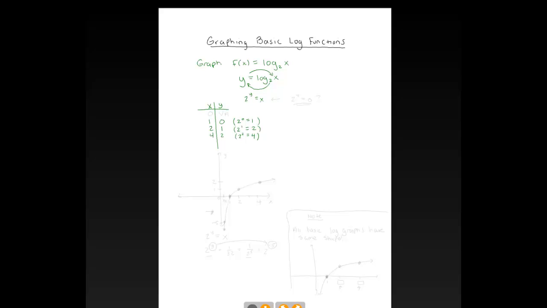Actually, let's graph what we have so far. I've got (1, 0), (2, 1), and (4, 2).